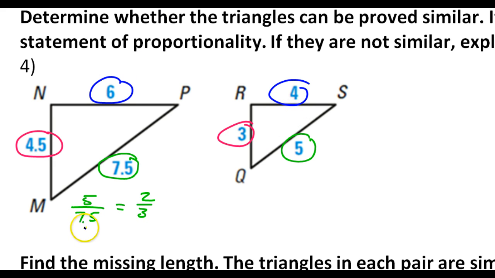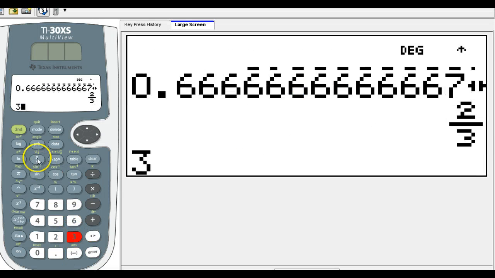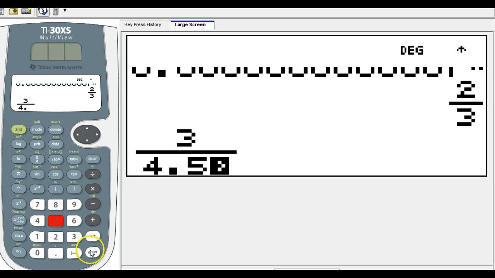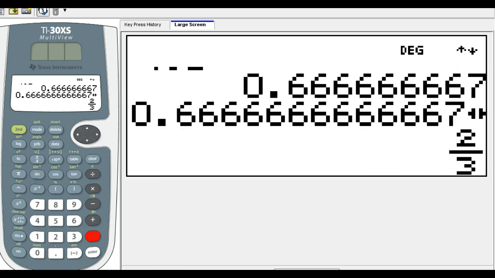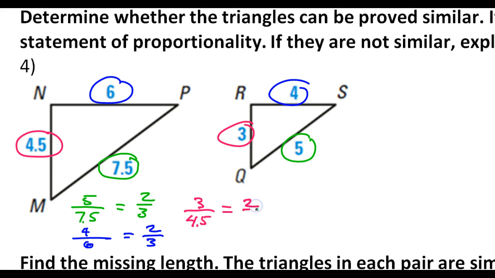So if I do 4 over 6, that reduces down to 2/3. Okay, we don't need a calculator for that one. So far, so good. Now let's do the pink ones. Alright, so if I do 3 over 4.5, again we get 2/3. Okay, so all the corresponding sides are proportional.